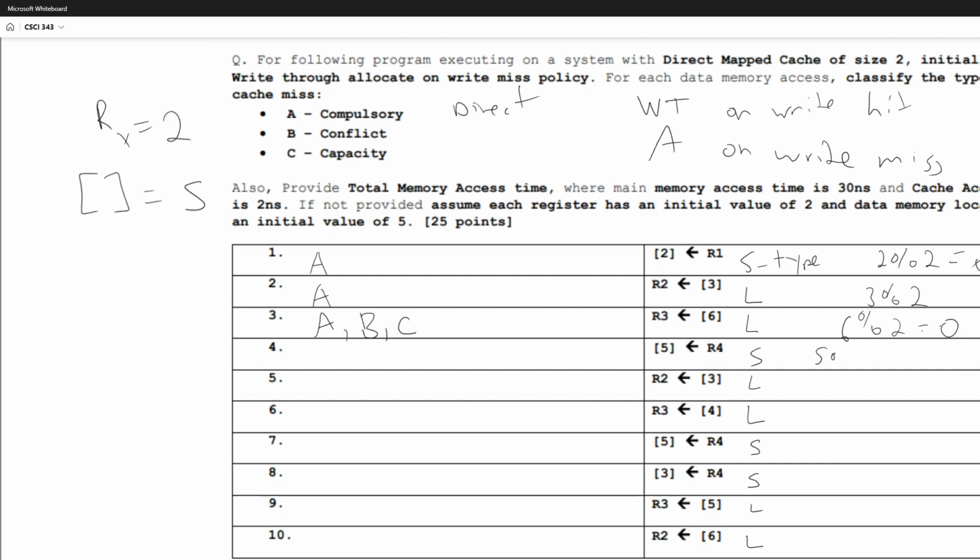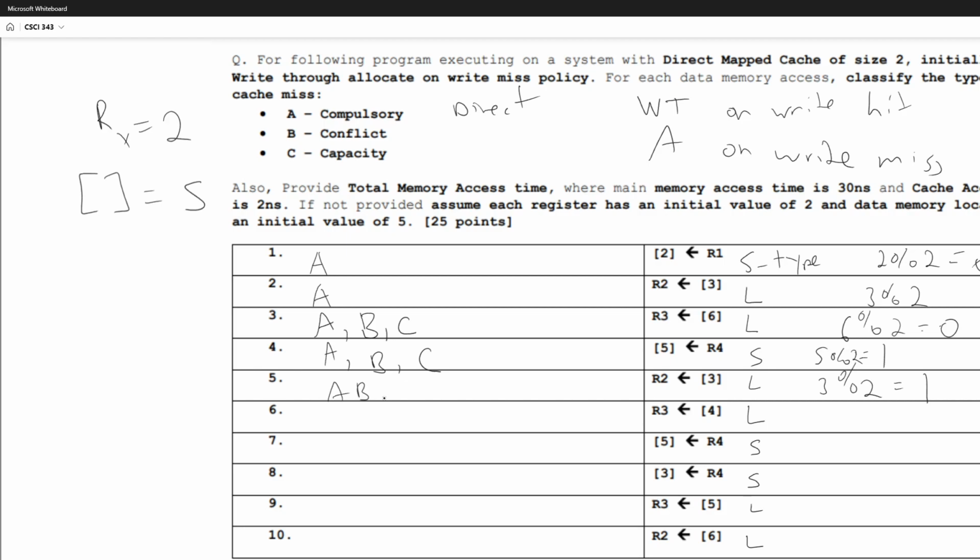5 mod 2 equal to 1, not in the cache. Allocate, so 5 places here. Same thing. Compulsory, conflict, capacity. 3 mod 2 equal to 1.